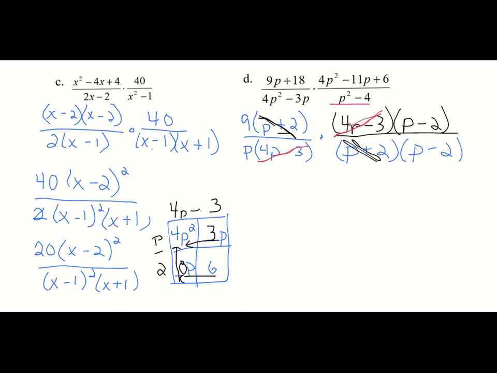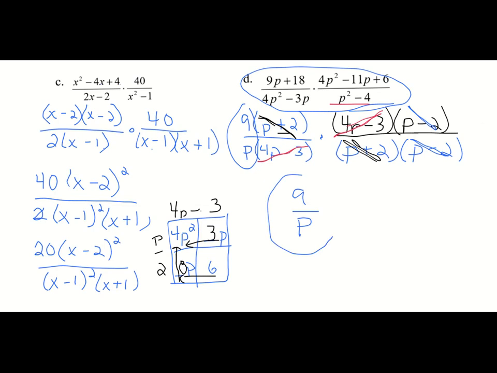So they can cancel. And then we also have p minus 2 on the top and the bottom, so they can cancel out, equal 1. So the only thing that I have left for this problem is going to be 9 over p. Which is crazy to think that we started with this really scary problem, and this is all we ended up with, 9 over p.